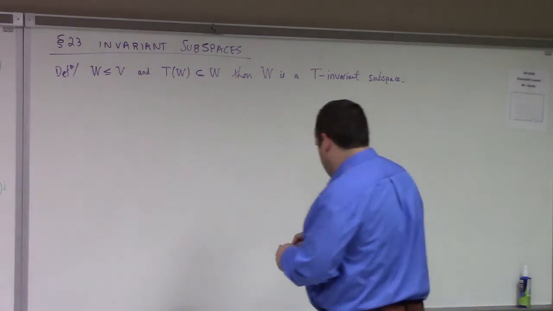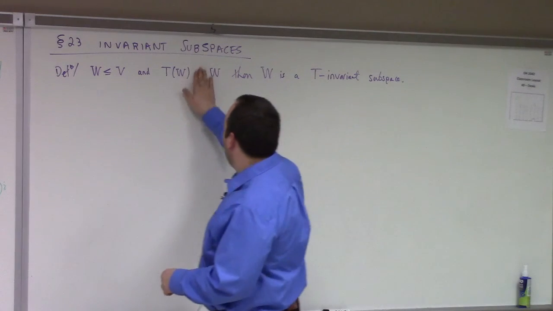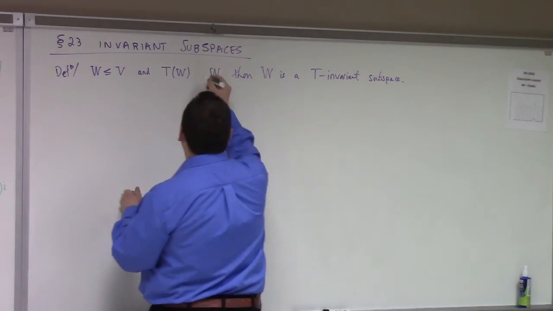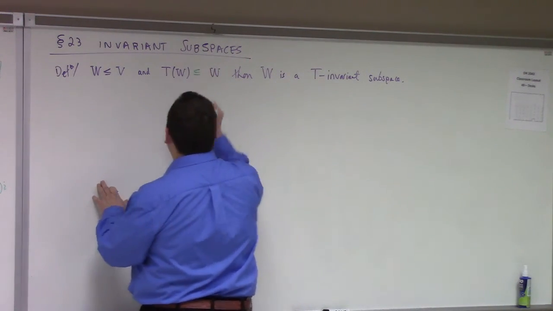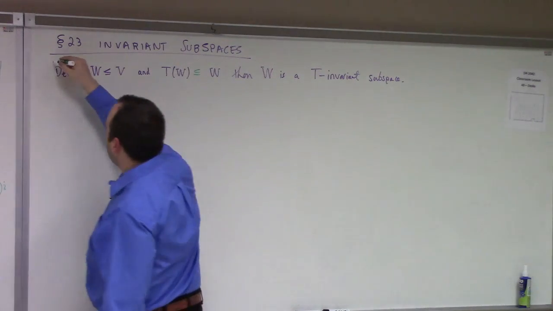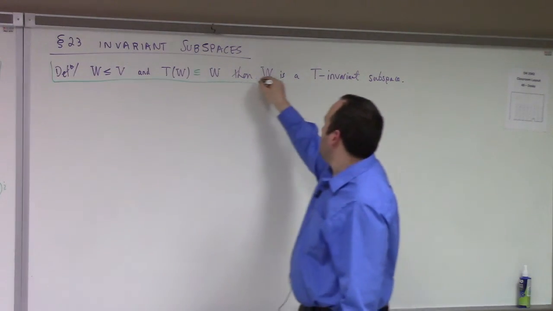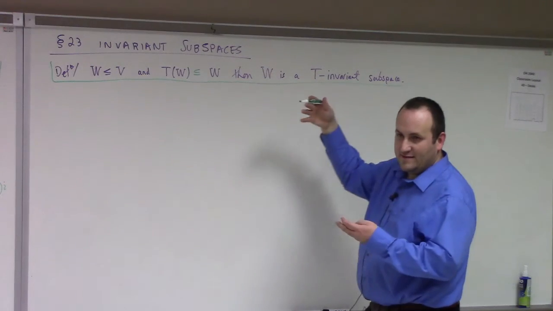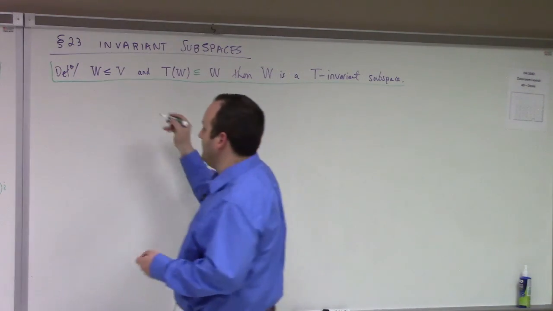I put subset here on purpose because that's all I want us to be obligated to check. But logically speaking, of course, you can easily argue that T of W is a subspace of W for what it's worth, right?